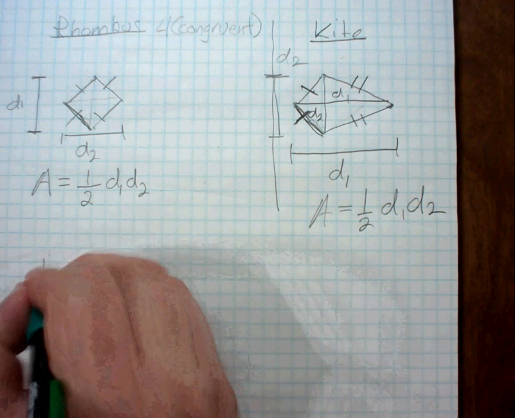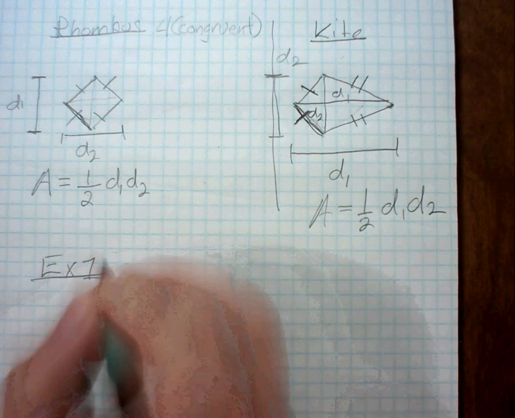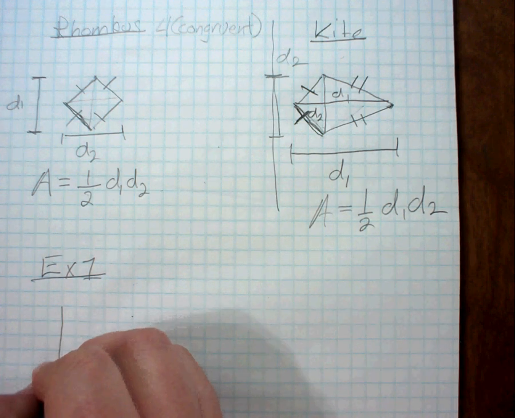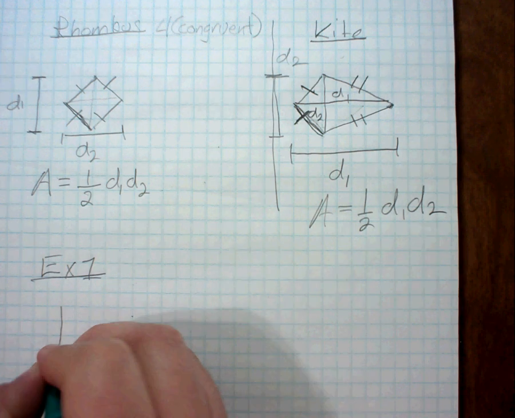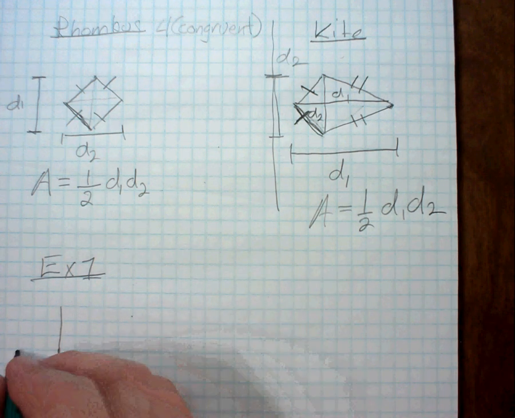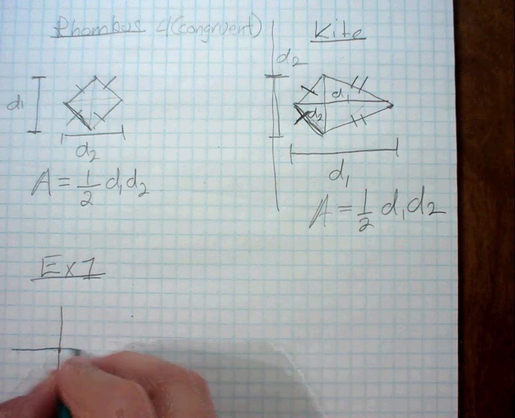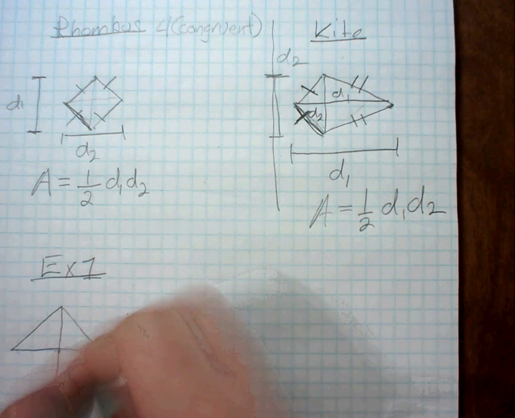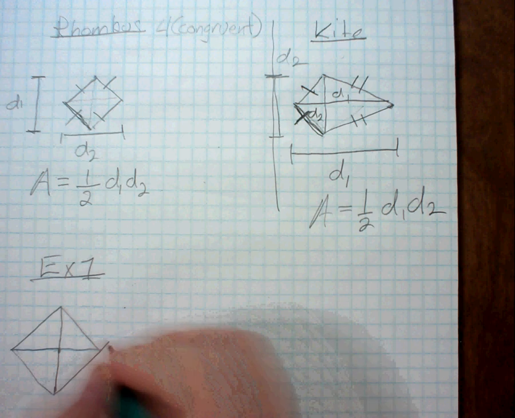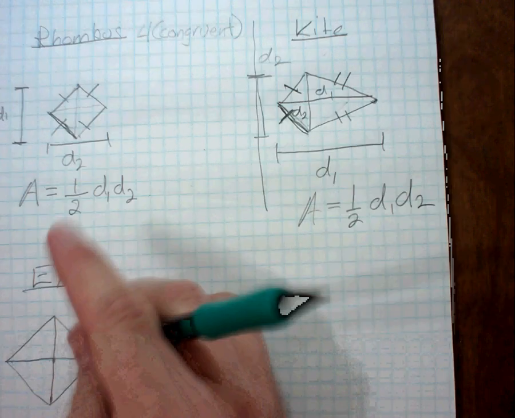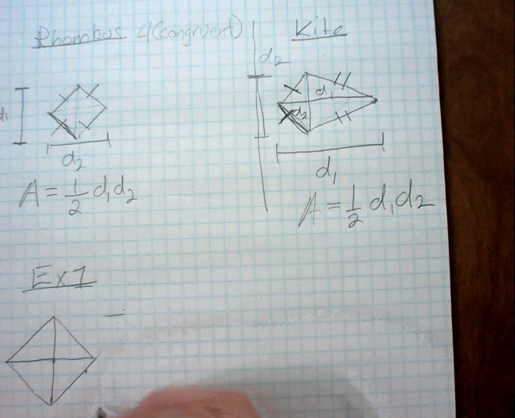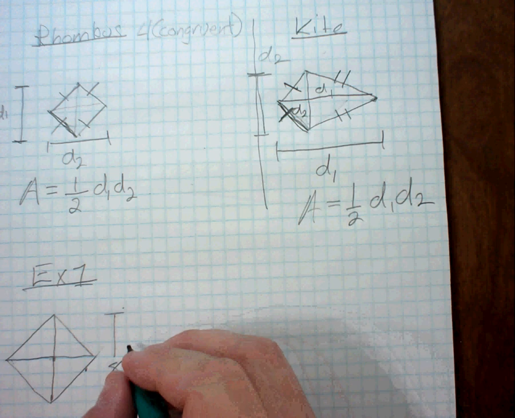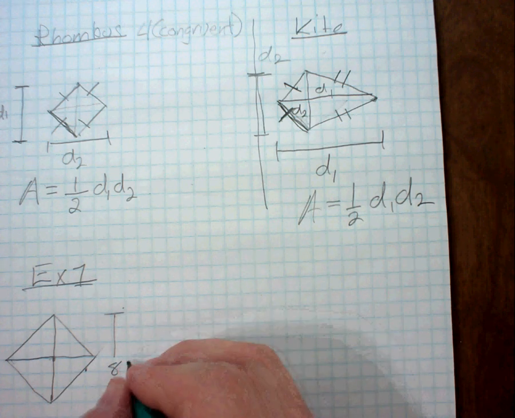So if I were to do example number 1, and they tell me that from here to here, that is 8 meters.